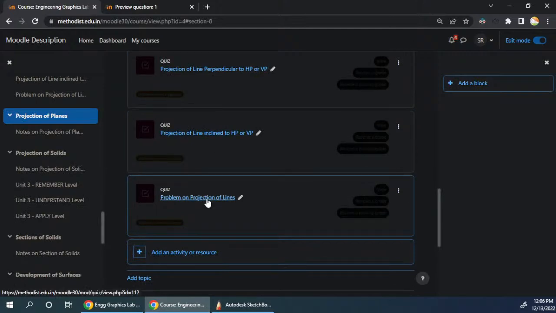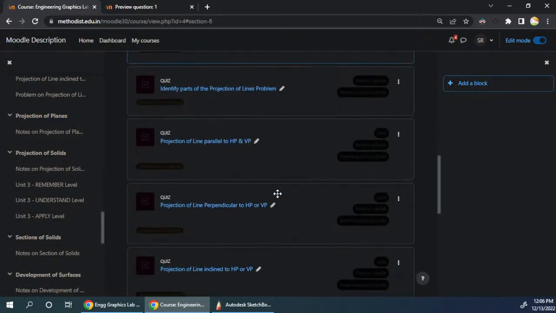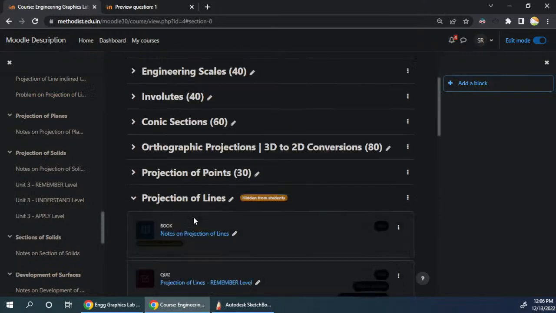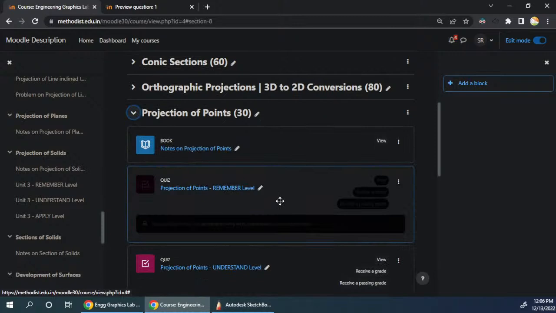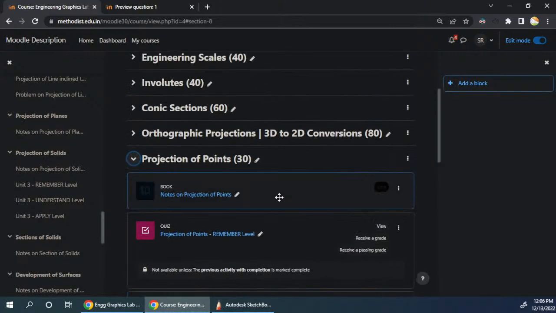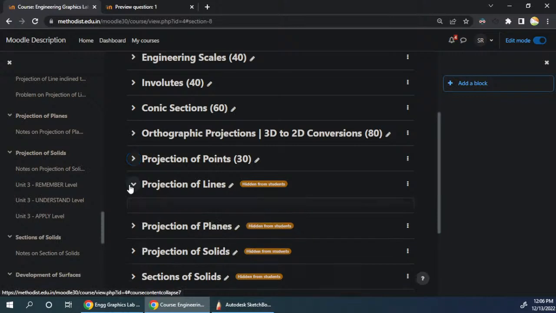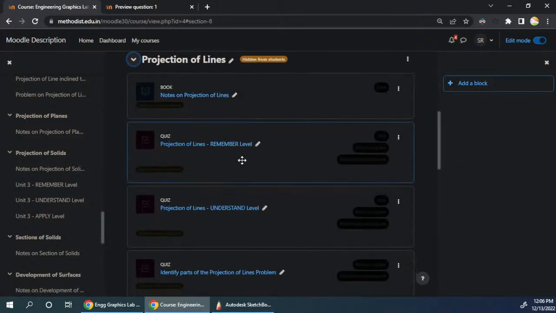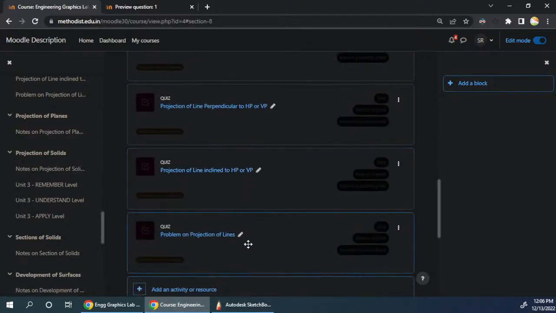This is where the line is inclined to both. Right. So position of lines is set, and points as well are set. We're going to start this later. 2, 3, 4, 5, 6, 7.